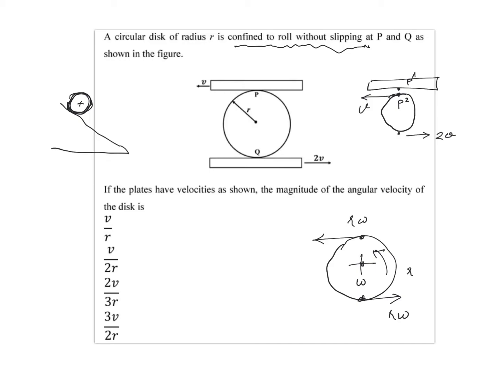The concept of instantaneous center is that for that instant you can consider the body to be undergoing pure rotation about the instantaneous center. It's just a tool to convert a combined motion problem to a pure rotation problem. Makes sense?